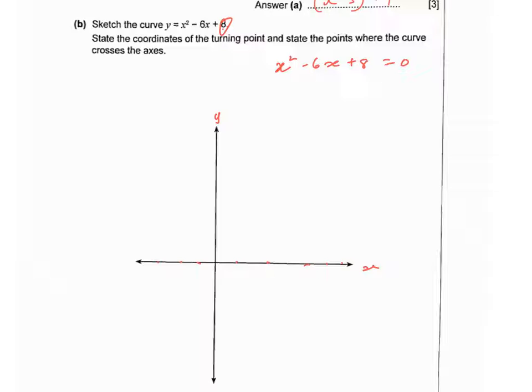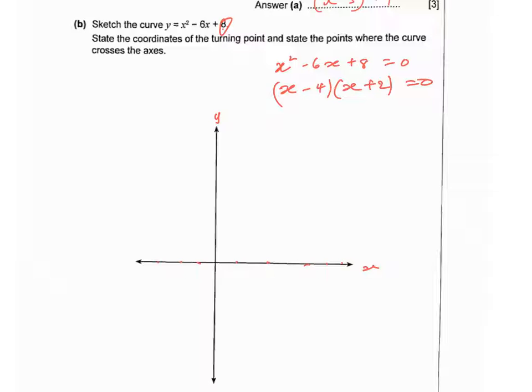You can factorize, you can use the formula. So for me, I'm going to factorize. My two numbers are, that is 8, and 6, so I have 4 and 2. x minus 4 and x minus 2 equals 0.